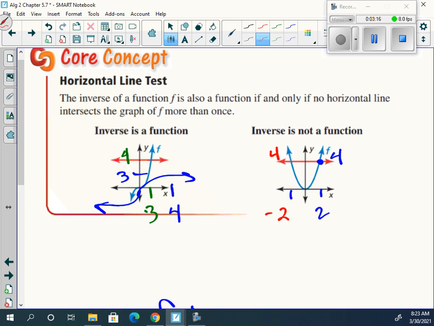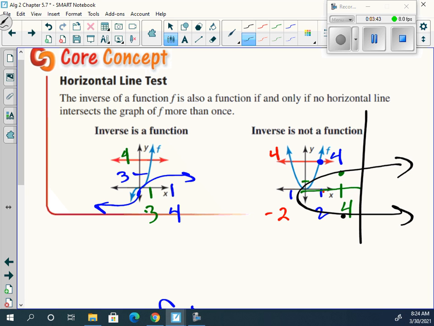Well, for this blue 2 and 4, the x is now going to be at 4, and the y is now going to be at 2. Y'all can kind of see that there? But that means for our other one over here, -2, 4, the x value is at 4, the y value is at -2 down here, yes? Wait a minute. Does that pass the vertical line test? No, so it's not a function, correct?